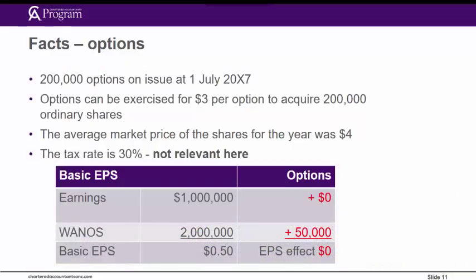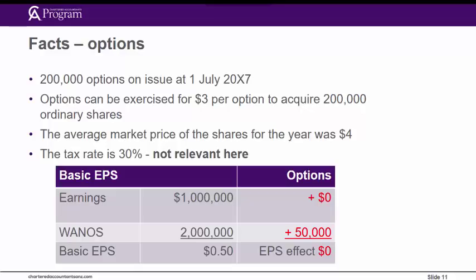So let's put that into our table then. When I'm looking at the incremental impact on earnings, there's no change, because the contribution of the $3, that's equity, that's not an impact on our profit for the year. So no change in earnings, but in our weighted average number of ordinary shares, we add 50,000, because in effect, the existing ordinary shareholders are giving away, if you like, 50,000 shares for free.